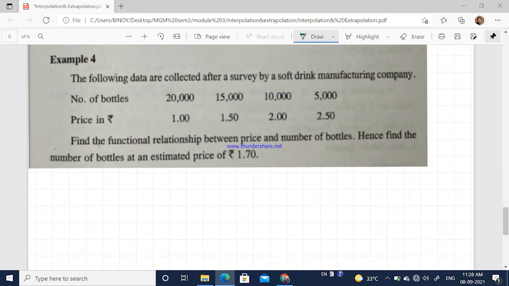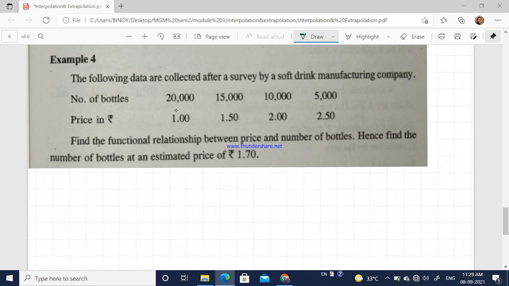In this example, you are given the following data collected after a survey of a soft drink manufacturing company. The number of bottles is 20,000, 15,000, 10,000 and 5,000, and the price is in rupees.